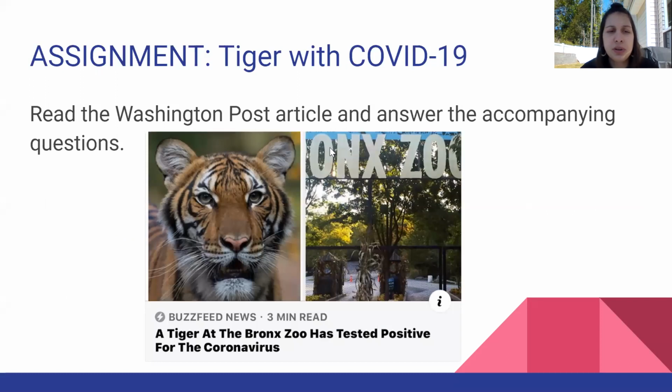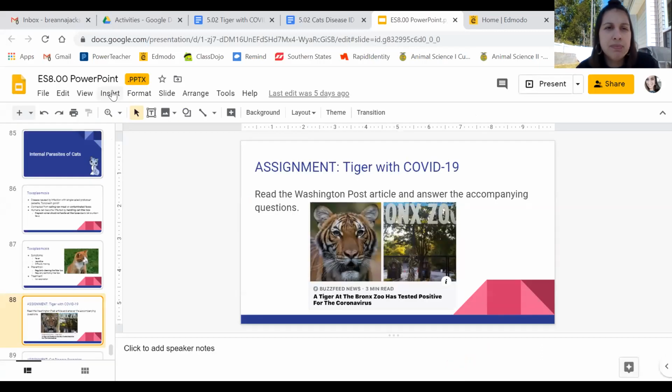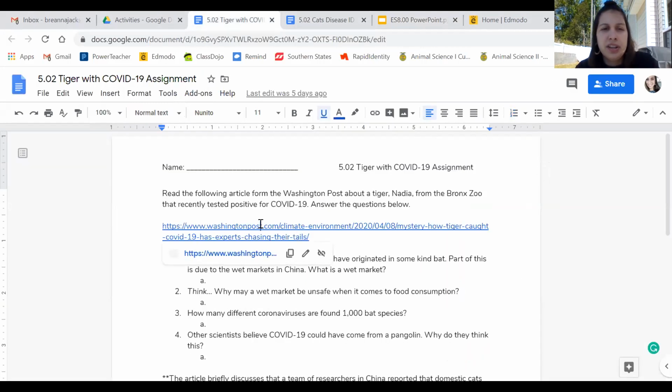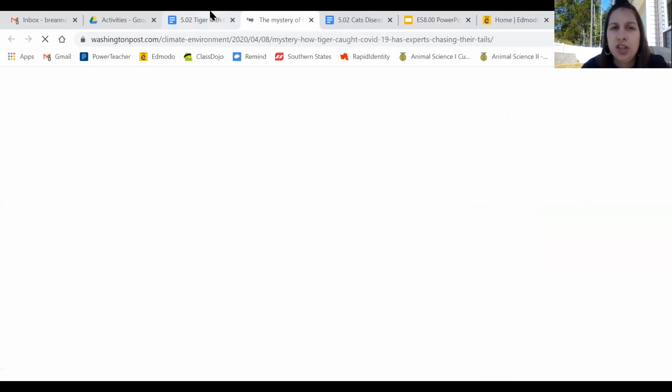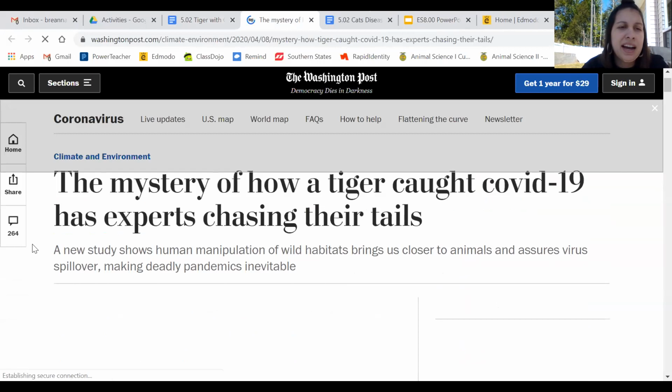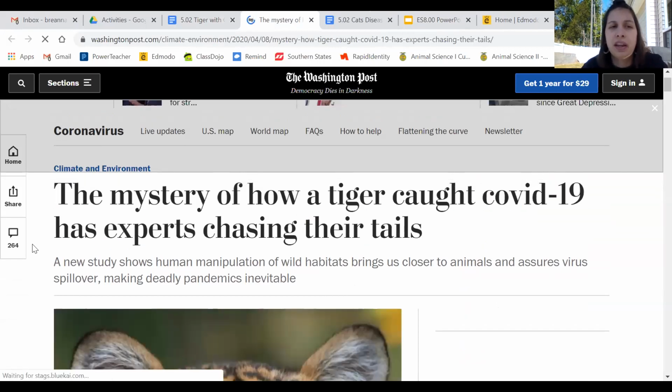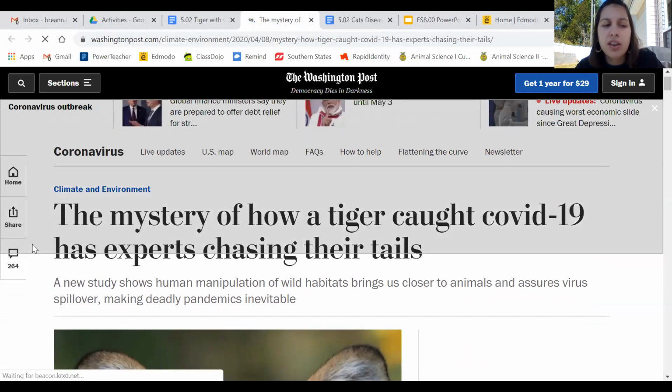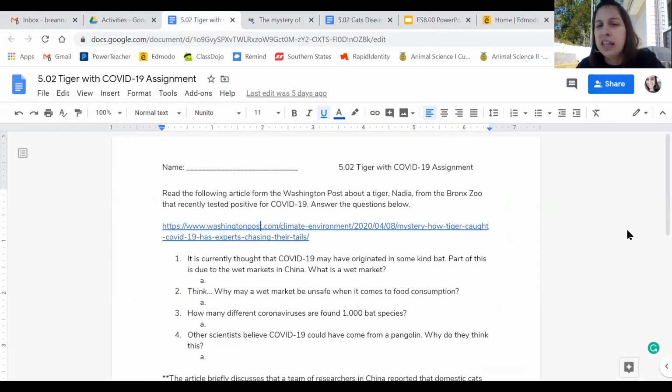So what you guys are gonna do, I'll post this assignment. This is a link to an article done by the Washington Post on the tiger at the Bronx Zoo that caught COVID-19, the coronavirus that everyone is battling right now. It was previously thought that animals couldn't get COVID-19.